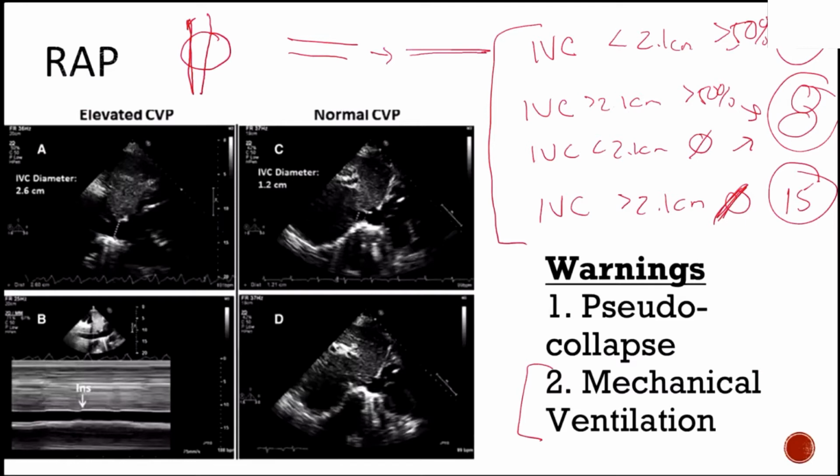So it's important that we do our best to get the biggest diameter that we can find reliably, and we try to get multiple different views when patients are inspiring or expiring to get the best measurement. Okay, so those are the areas where you can have some incorrect measurements.